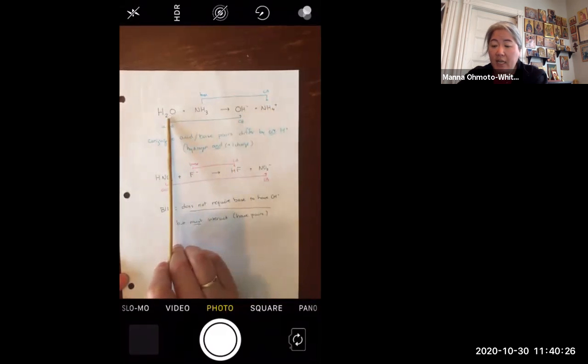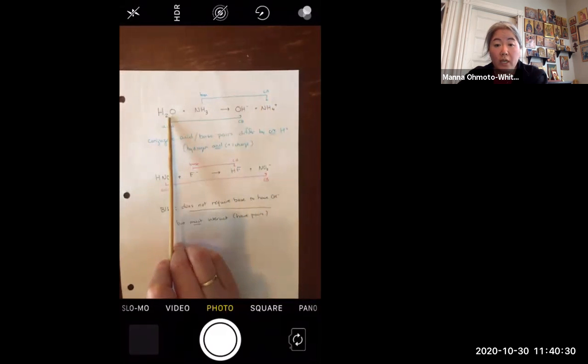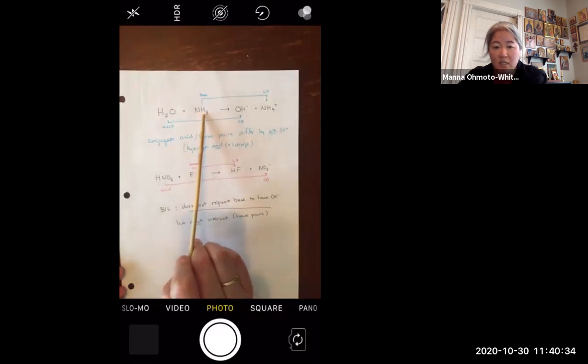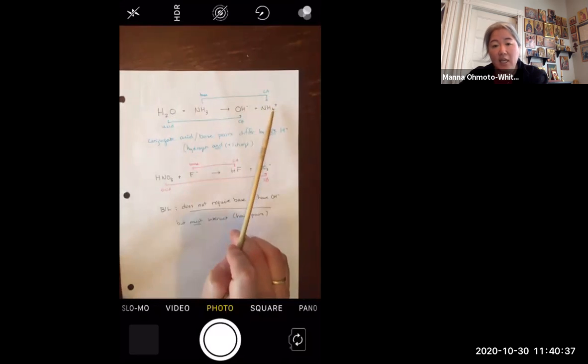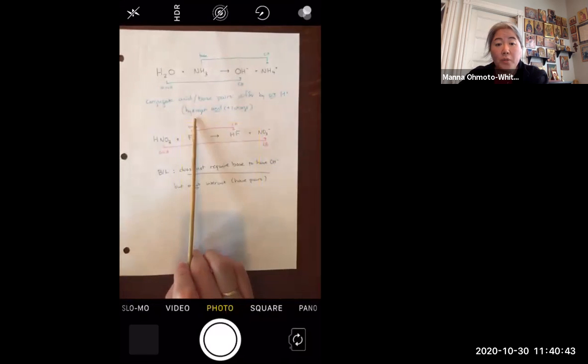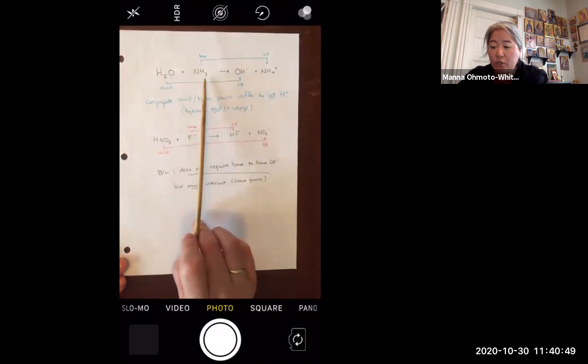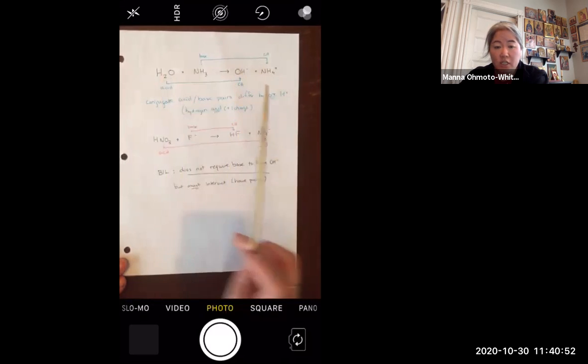So again, H2O and its conjugate base: H2O has one more H and one more positive charge. The base, when it becomes a conjugate acid, has one more positive charge and one more hydrogen. So remember, I'm always transferring a hydrogen and that positive charge. So it's not just my subscript that changes, but it's also the charge that changes.